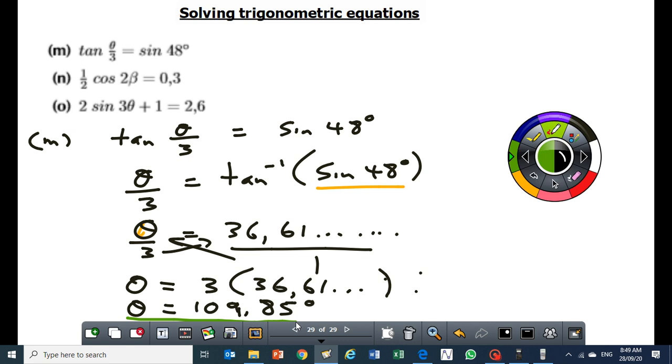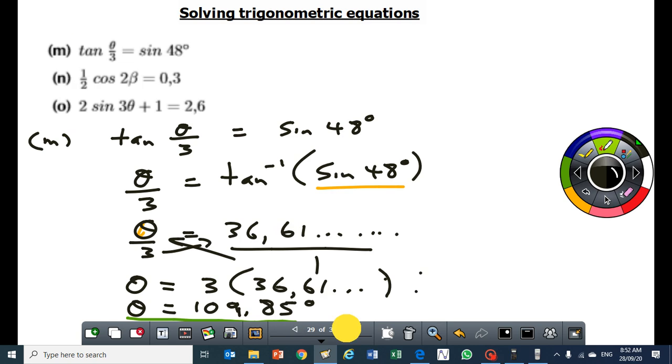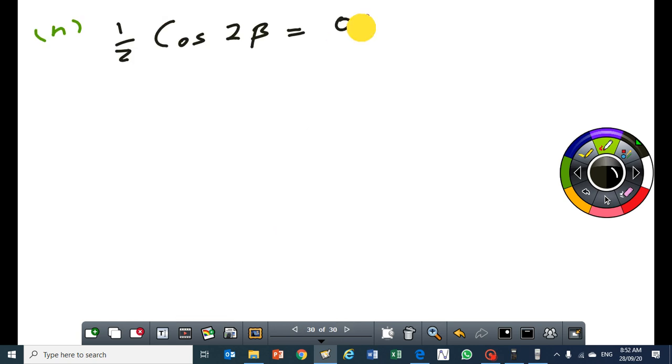This will be the answer for theta. Remember, we are finding theta. If you want to check that the answer is right, okay, there are common Greek letters in trigonometry. So that's equal to 0,3. Remember, the objective here is to get the value of beta. Since we have got this half, it means we have to multiply by 2 both sides.